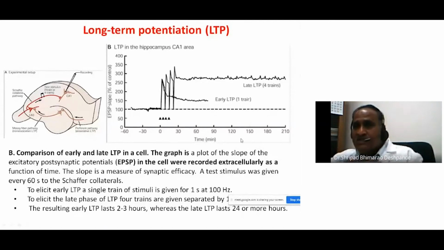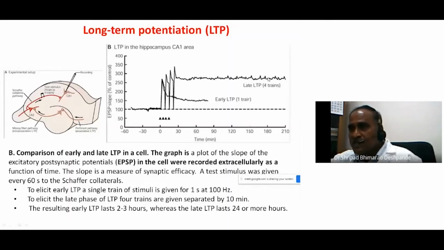So this is the experiment, and I am trying to make you feel it. To elicit early LTP, a single train is given. To elicit late LTP, 4 trains are given, separated by 10 minutes: 1, 2, 3, 4.